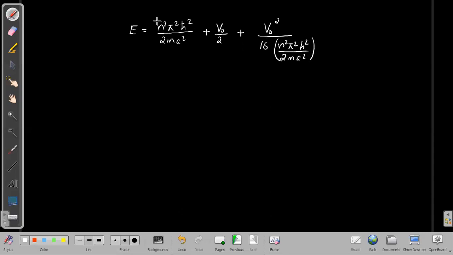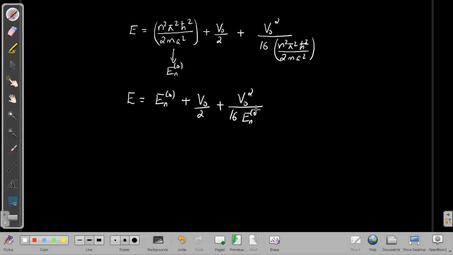Now remember, the quantity n squared pi squared h bar squared divided by 2m a squared is nothing but the energy eigenvalue of a free particle in a one-dimensional box. So this quantity I can write as En0. Hence the total energy will take the form En0, the energy of a particle in a box, plus V0 by 2, plus V0 squared divided by 16 times En0. So that is the final result.